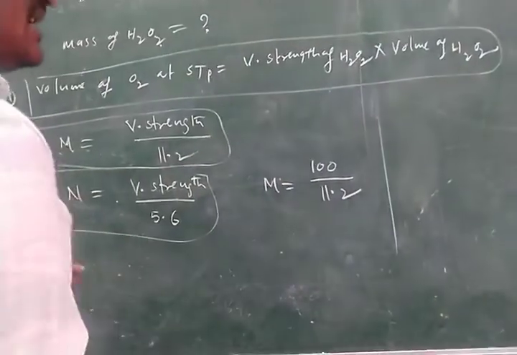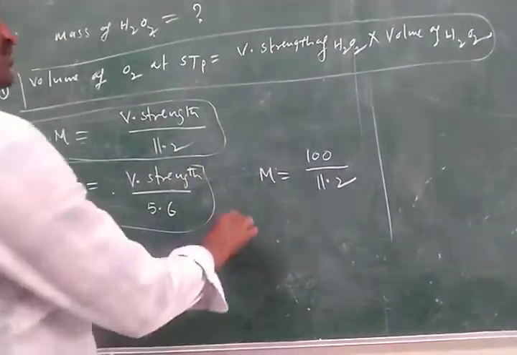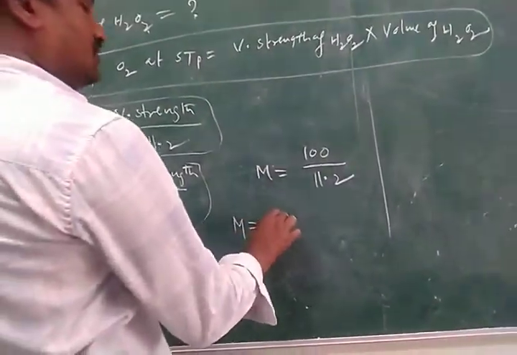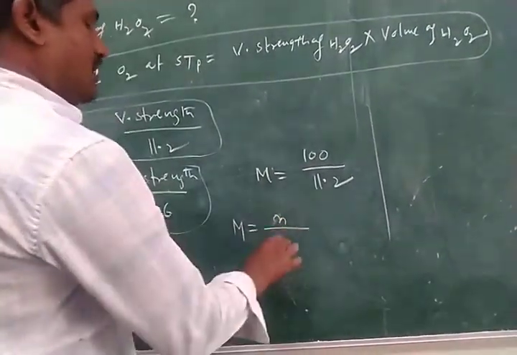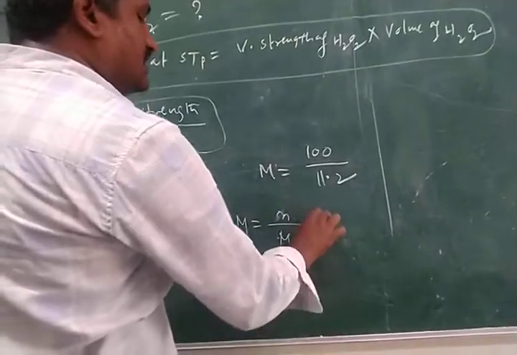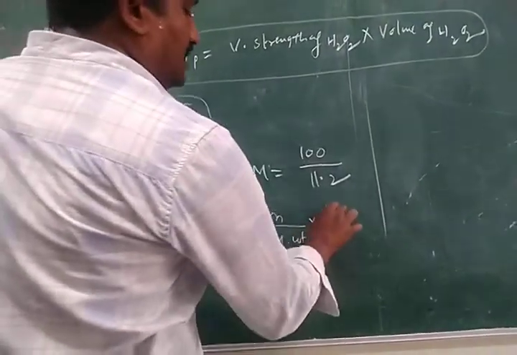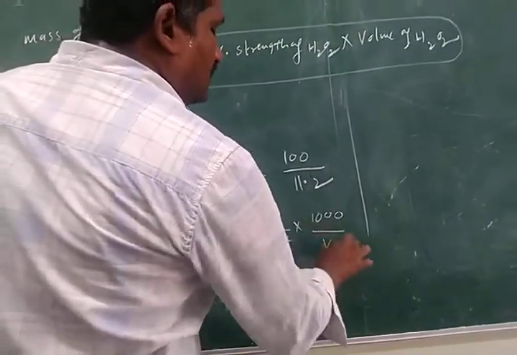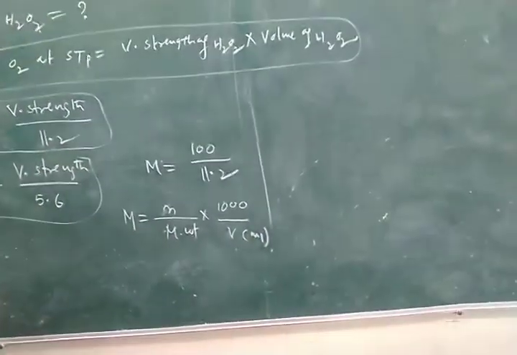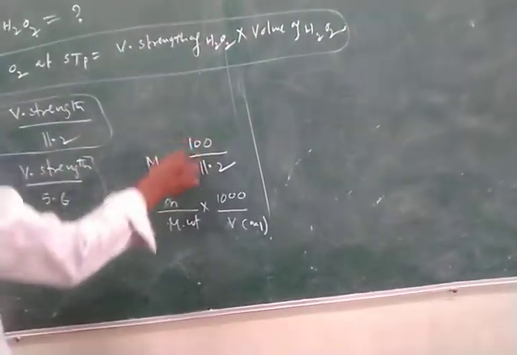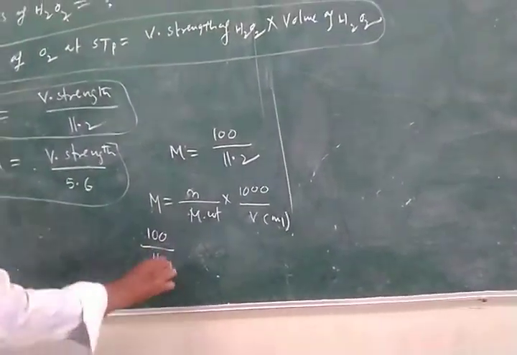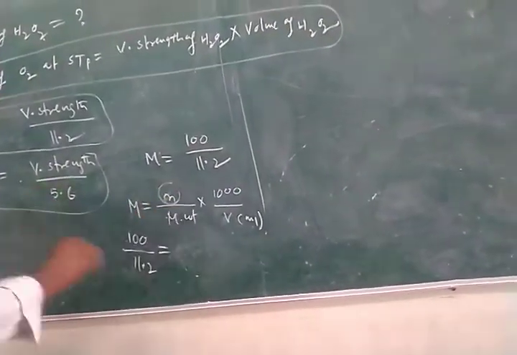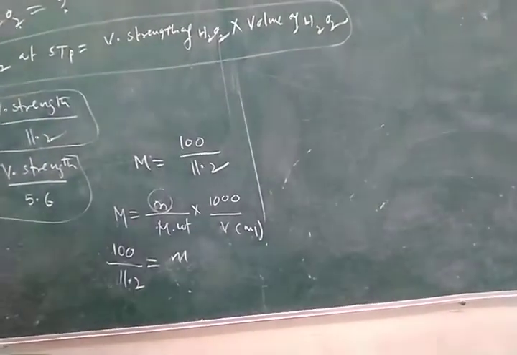If we know molarity, we can calculate the mass. You know the formula: molarity equals mass of the particle by molecular mass into 1000 by volume in ml. So 100 by 11.2 equals mass of H2O2, which we have to calculate.